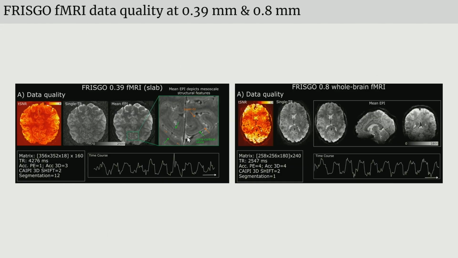I also want to point out that when we compute just the mean EPI at 0.39, we can start even seeing with the naked eye some mesoscopic structural features, such as layer 4, for instance, here, or some intracortical veins.